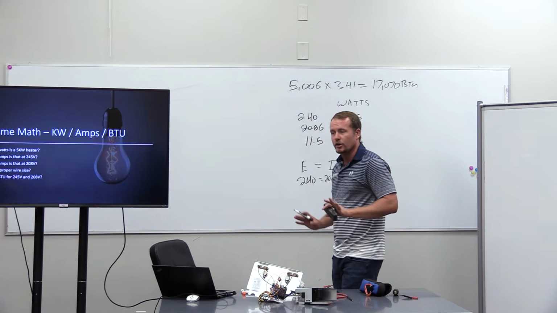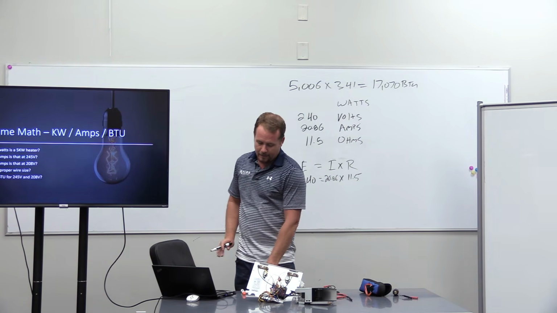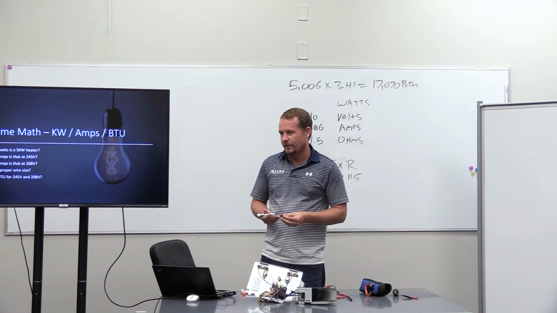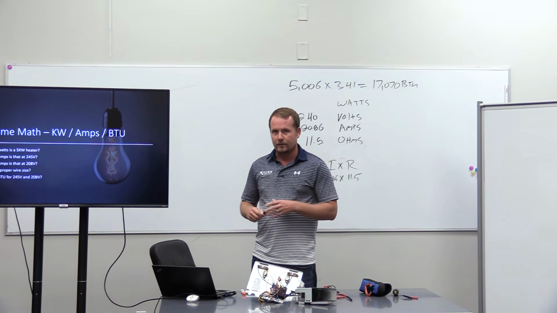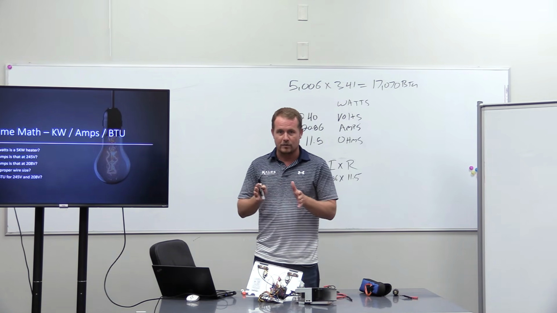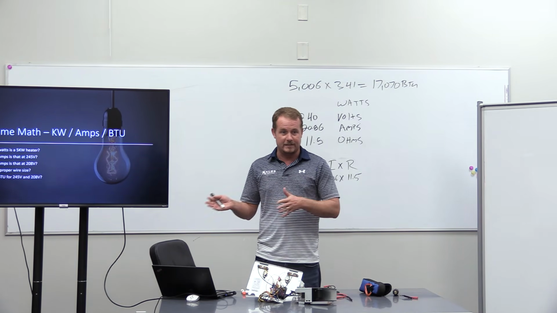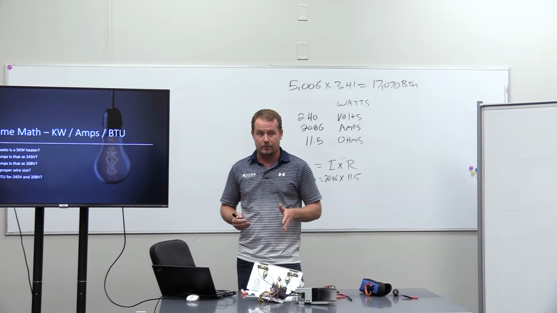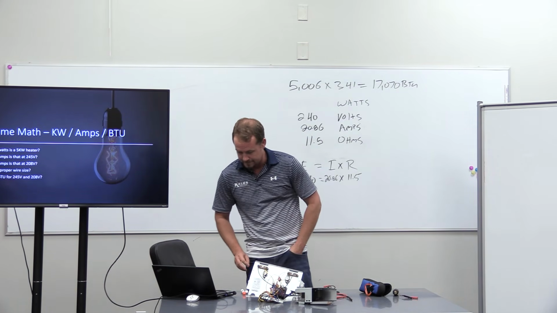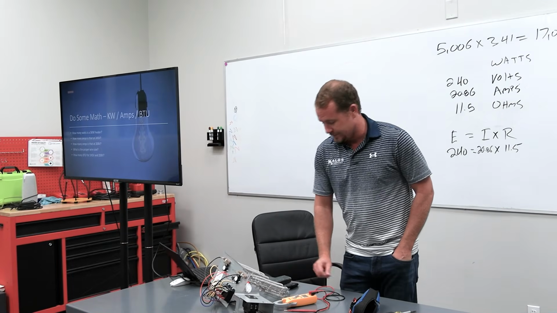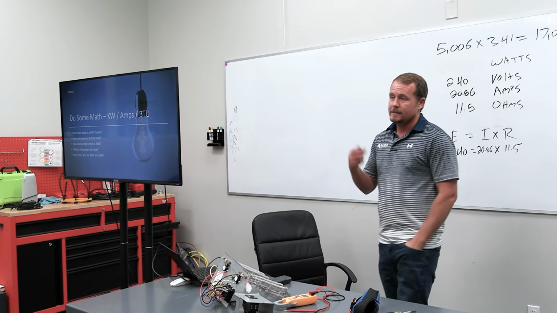So that's something to know about these because they're not like a compressor in that way. They're fixed resistance, whereas a compressor or a motor, the resistances vary quite a bit depending on load. These are pretty fixed.